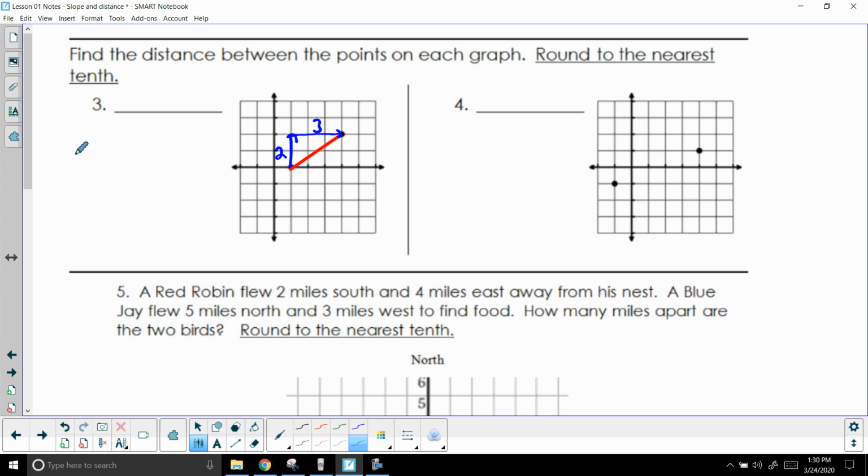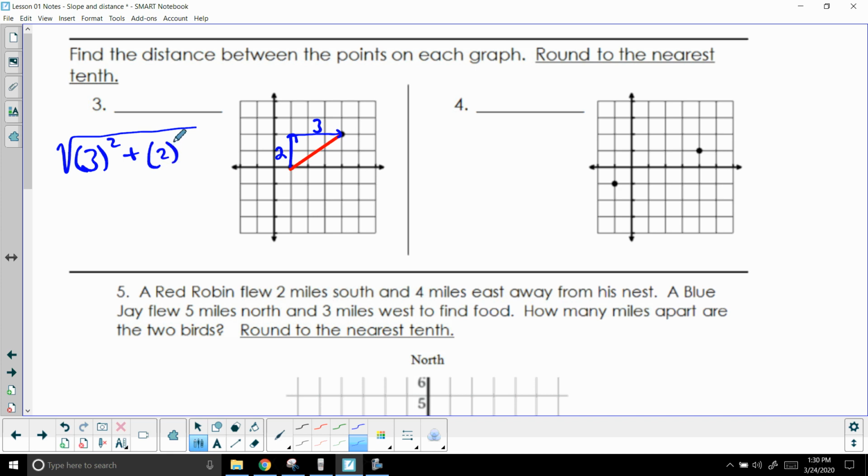Use the distance formula. Remember, the x's came first, and x's control your left to right, the run part. So we ran 3. I still want you to square it, plus the y part, which is the rise, which is 2.